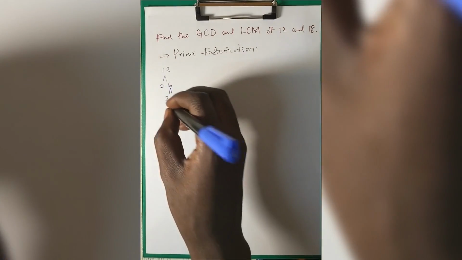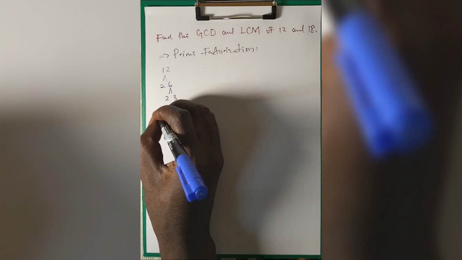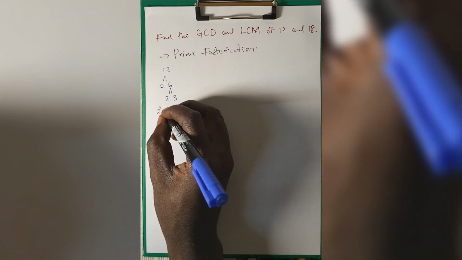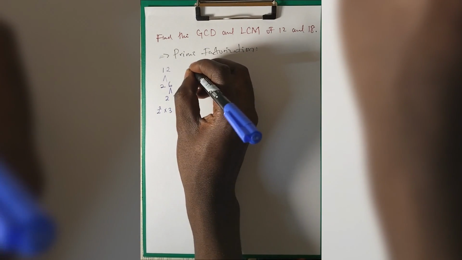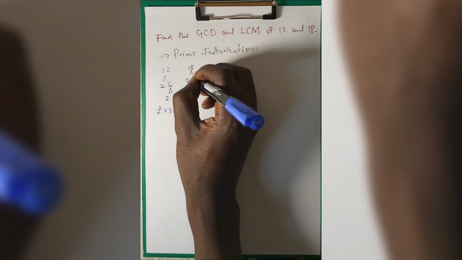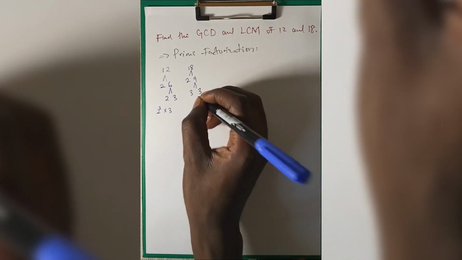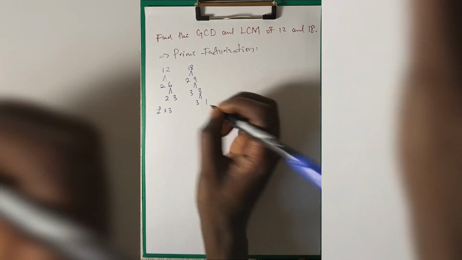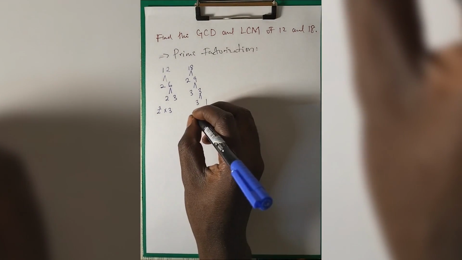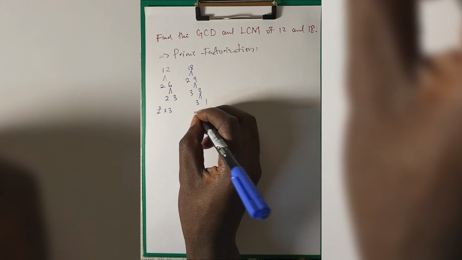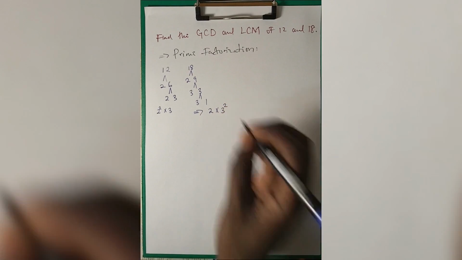Now these are all prime, so it's 2 squared times 3. On the other side, 18, we have 2 here, 9 here, then 3 and 3, and then 1. So on this side, 2 times 3 squared.